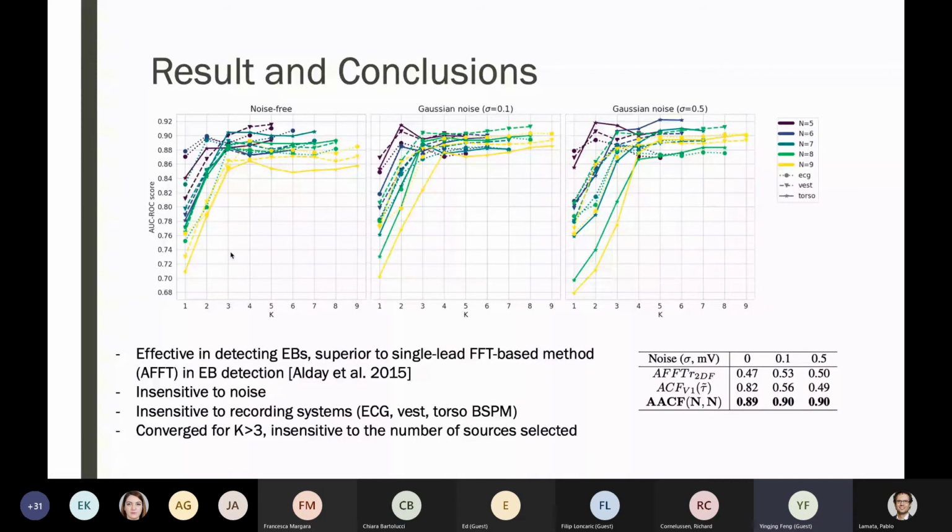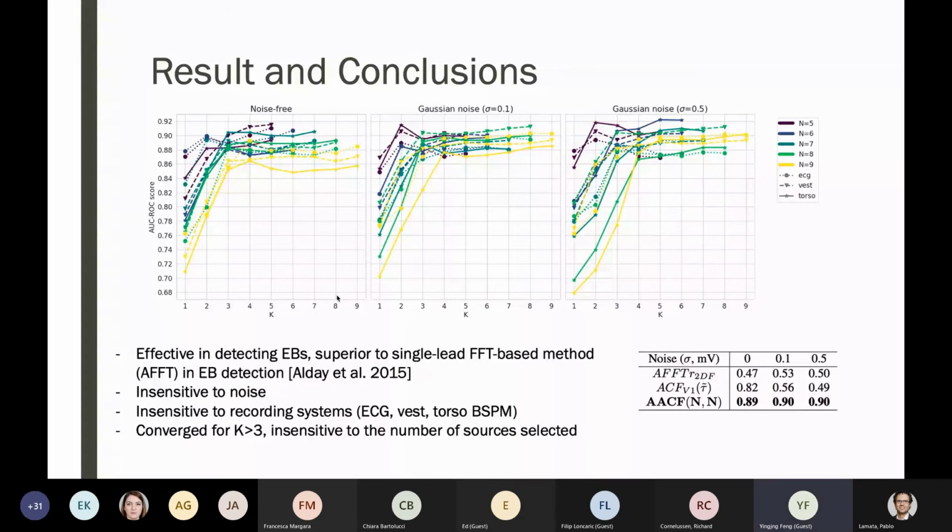And it also outperforms the single lead, which is V1 lead, FFT-based methods. And because it has a convergence for different K, it shows that we don't have to really be worried about how many sources we selected in estimating the blind source happening in the heart.